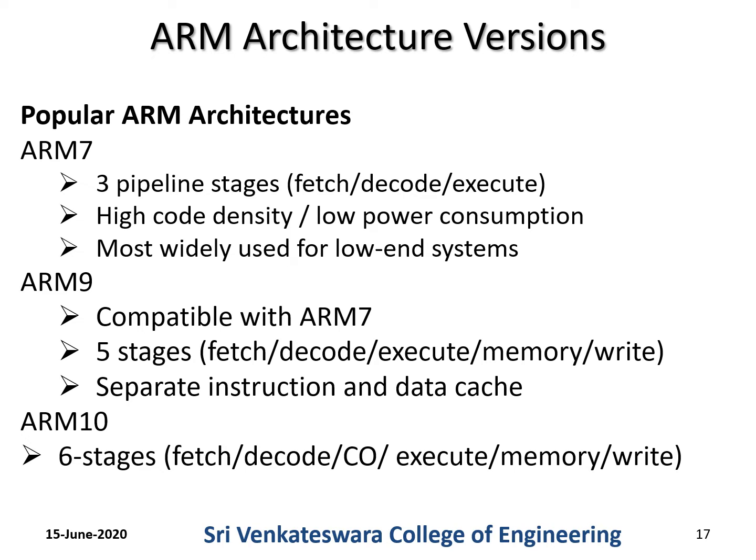As the number of stages in the pipeline increases, the number of instructions executed per second also increases. How is this achieved? If we take ARM 7, there are only 3 pipeline stages, and the decode stage will take some amount of time, say x1. Coming to the ARM 9 architecture, it also has a decode stage in its pipeline, which may take some amount of time x2.